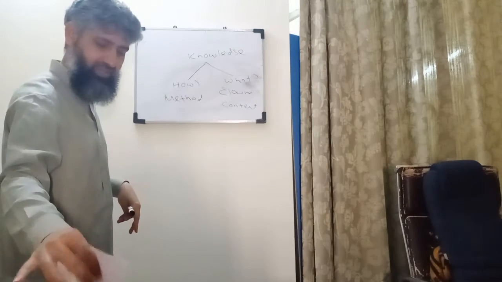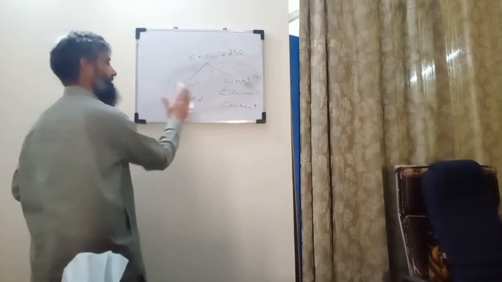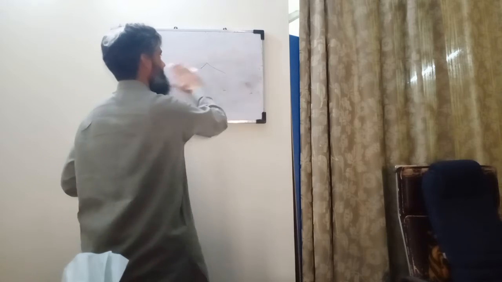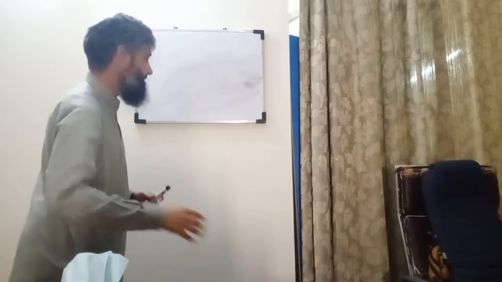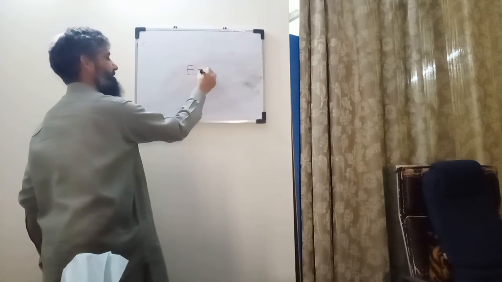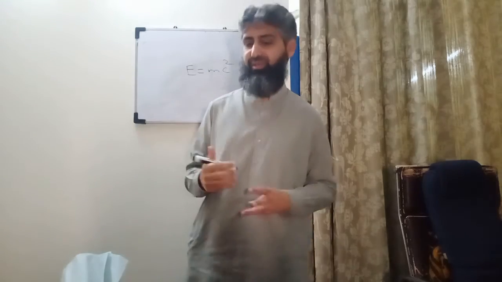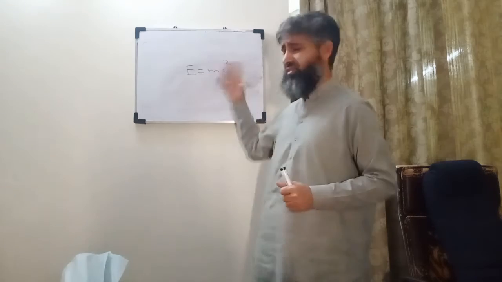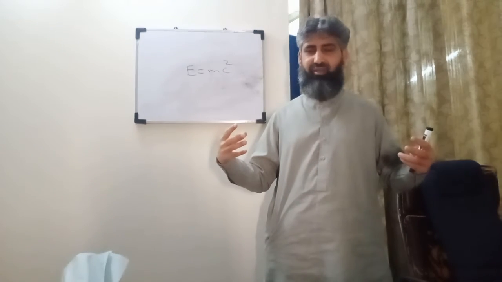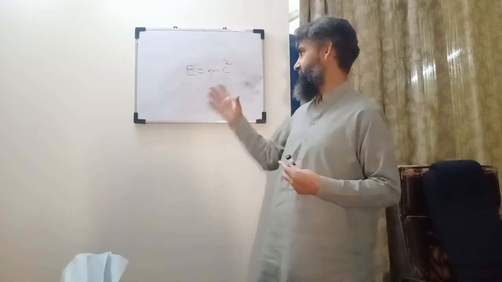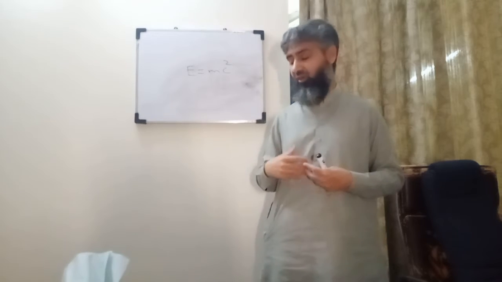And I gave you this in the classroom, I'll repeat that point. For example, E is equal to mc square, this is a scientific claim. This is a claim basically. This is a theory. This is a law. And if Einstein says that E is equal to mc square, we of course would ask him, how do you know that?